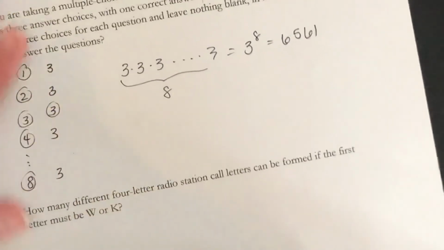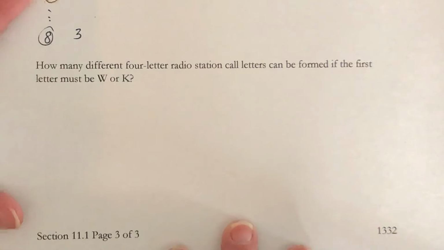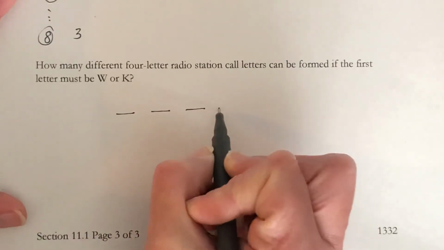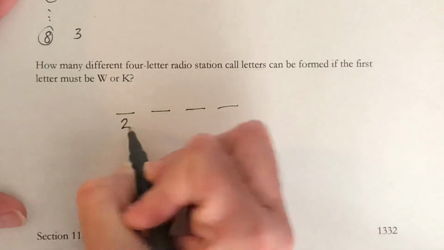And then the last one. How many different 4-letter radio station call letters can be formed if the first letter must be a W or a K? Okay, so we have 4 letters to fill in. The first must be a W or K, so I have 2 choices there.